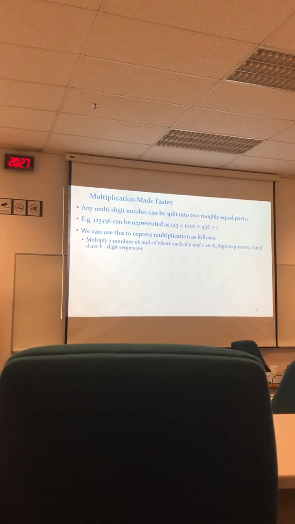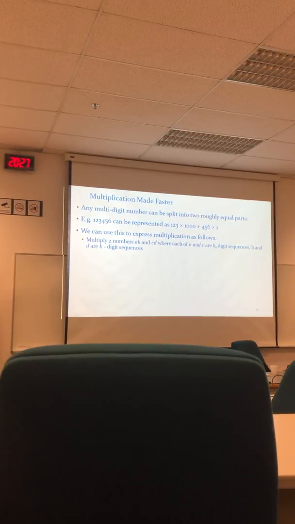to make multiplication faster. So the idea is to multiply two numbers, AB and CD. All the numbers we divide into 2 parts: AB, CD. So when you have two numbers to multiply, we cut both into 2 parts.